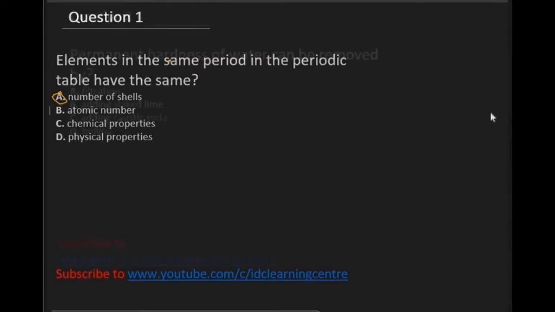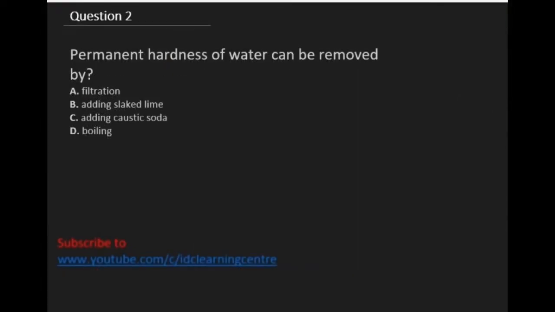Okay, let's move further. Question number 2. Permanent hardness of water can be removed by A. Filtration, B. Adding slaked lime, C. Adding caustic soda, D. Boiling. The right answer to this question is option C, adding caustic soda.